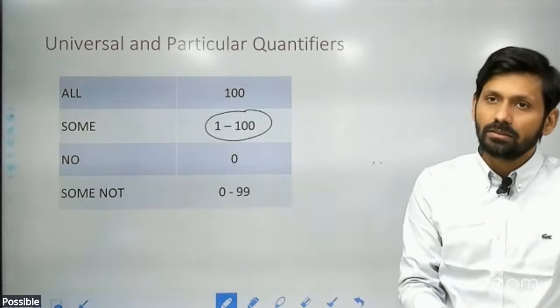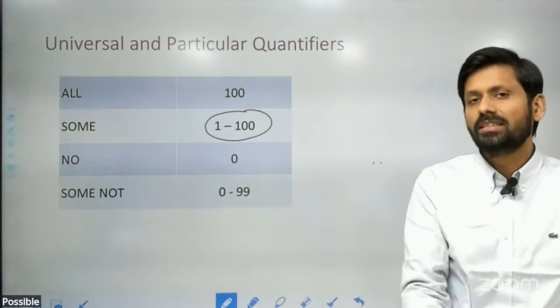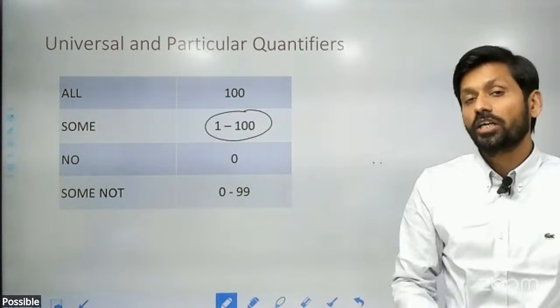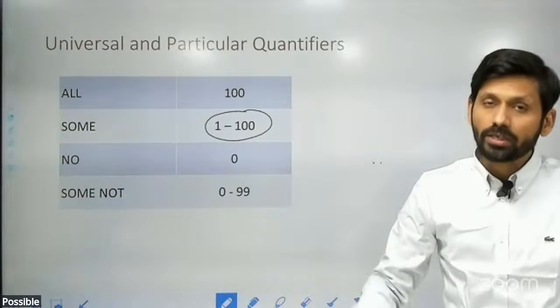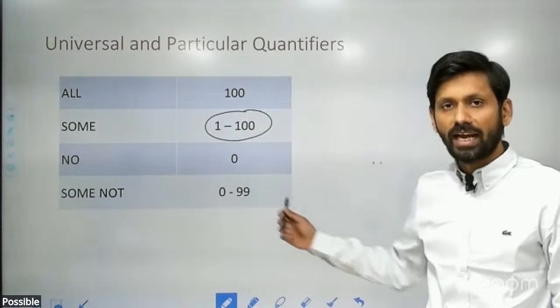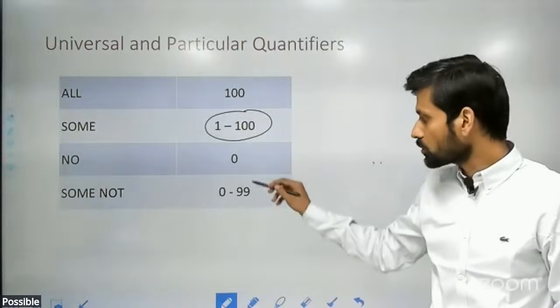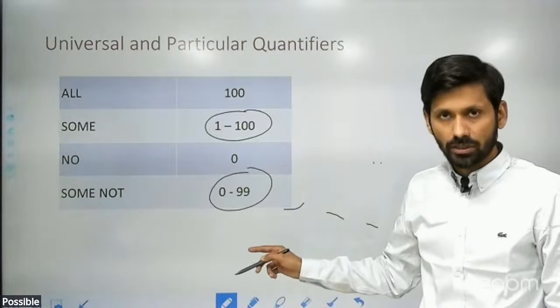So it could be the case that no S is P, or it could also be the case that 99 elements of S are in P, or anything in between. So 0 to 99 is how I quantify some not.